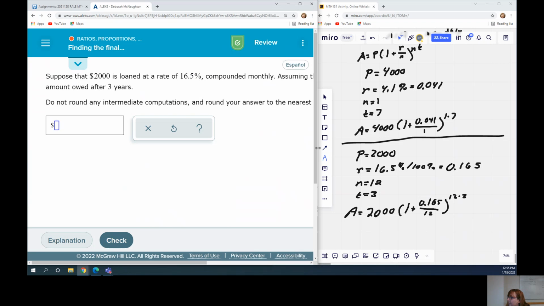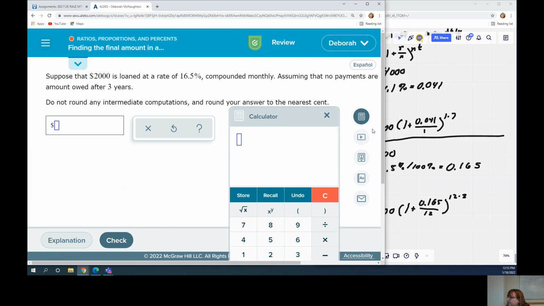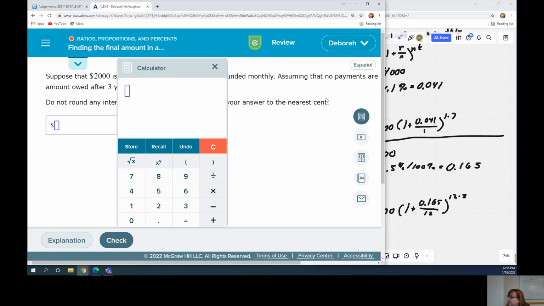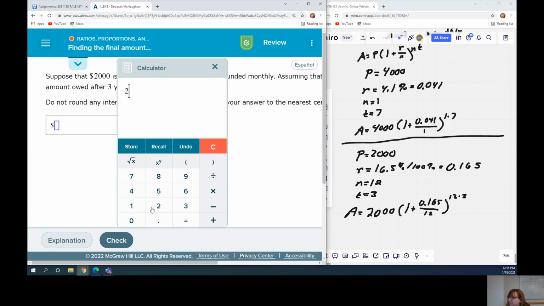So we want to grab our calculator. I'm just going to put this formula in. 2,000, parentheses, 1 plus 0.165 divided by 12.